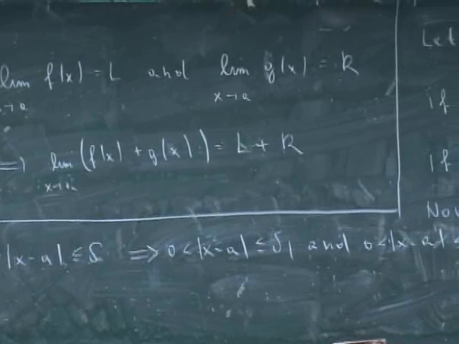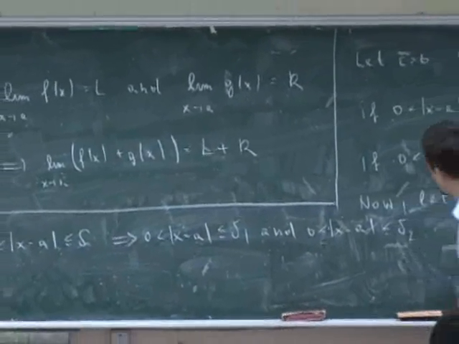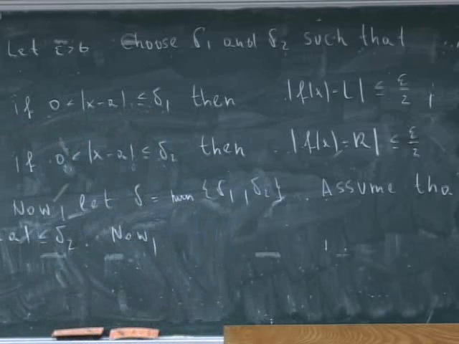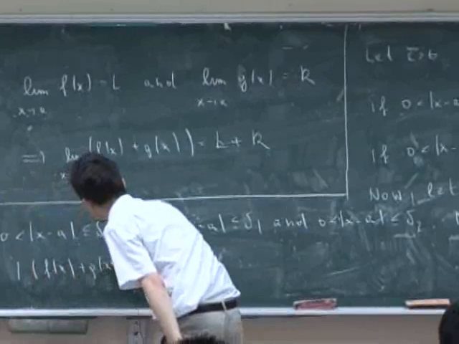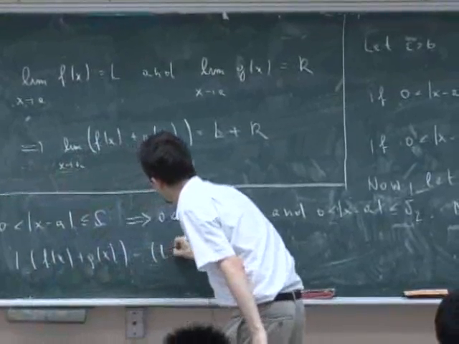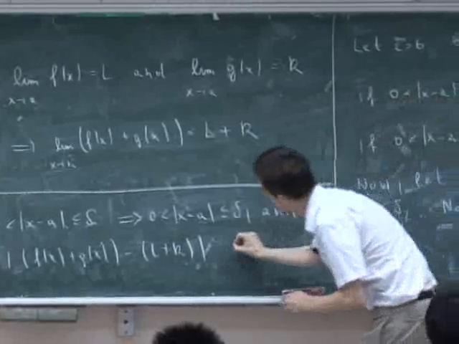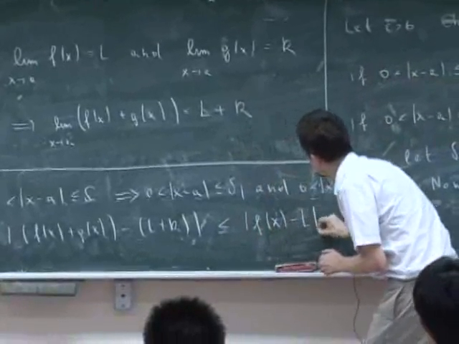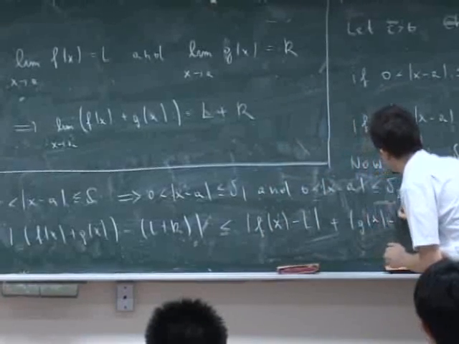So both will hold. Now, because both hold, you will have this and this here. So now, if you look at the distance between the sum f of x plus g of x and L plus r, you can use again the triangle inequality. So this will be smaller or equal than the distance between f of x and L plus the distance of g of x and r.